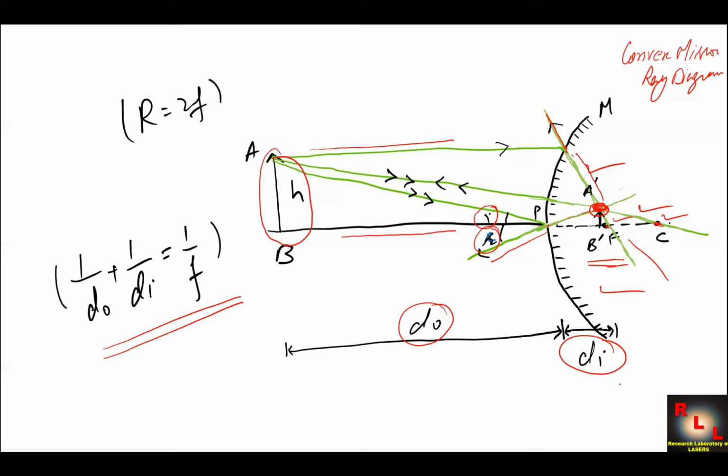If we know these values, the object distance and F, we can find the position of the image. But one thing you have to keep in mind, the image is not real here, it's a virtual image.